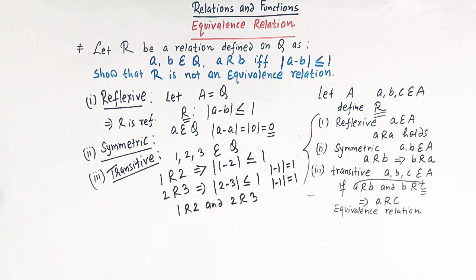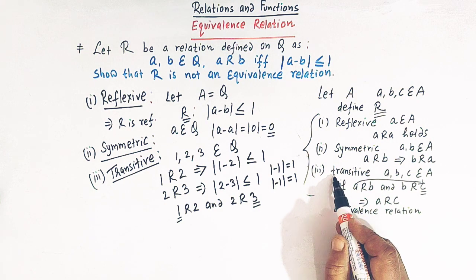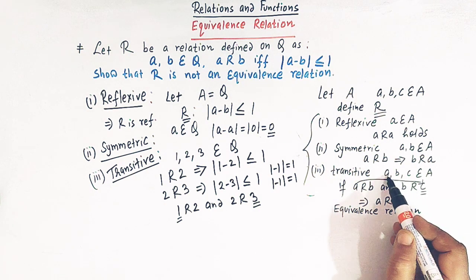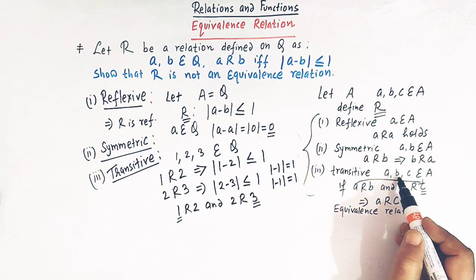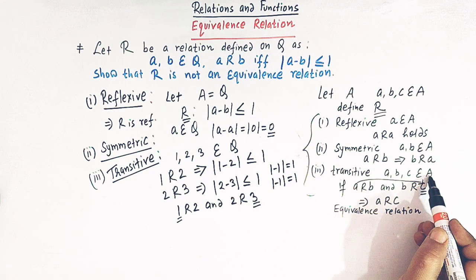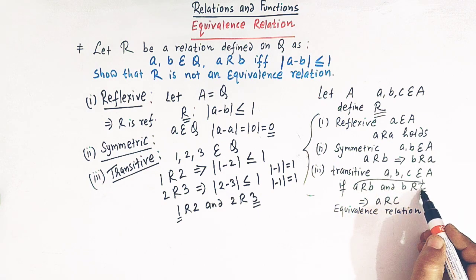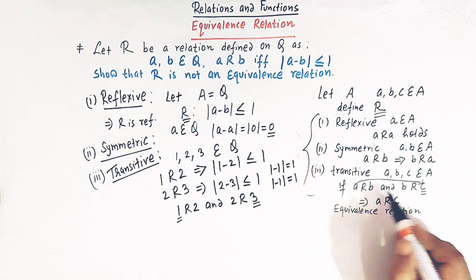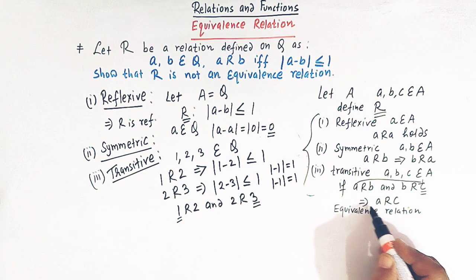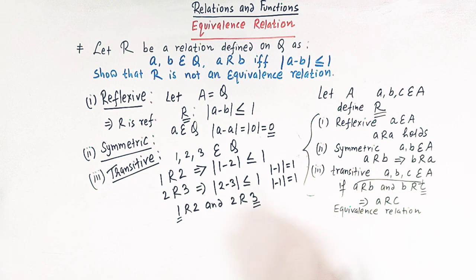Now let us see whether 1 is related to 3. Because in a transitive relation, if we have three elements A, B, and C belonging to the set A, and if A related to B and B related to C exist, then these two must imply that A should be related to C.